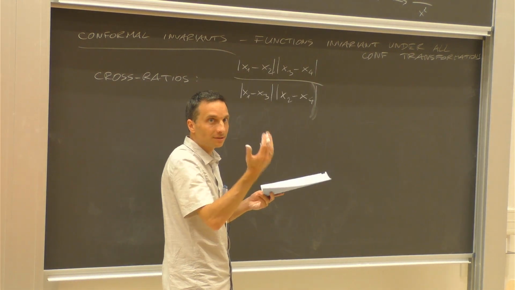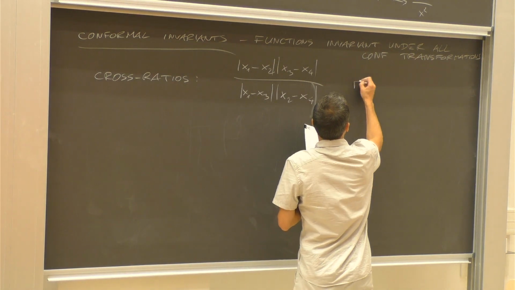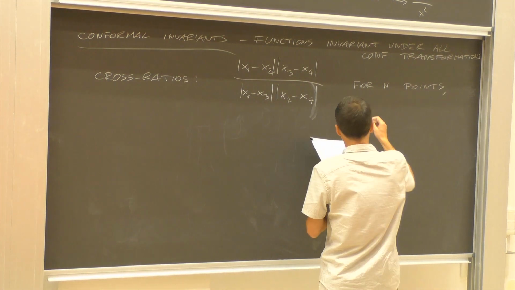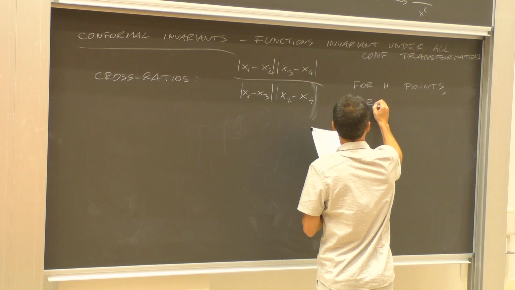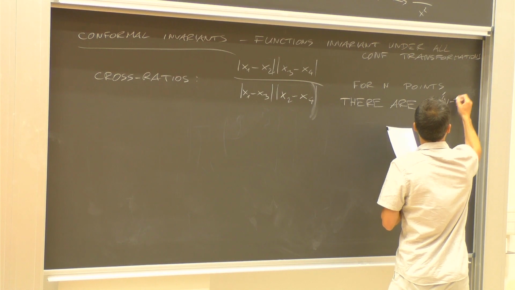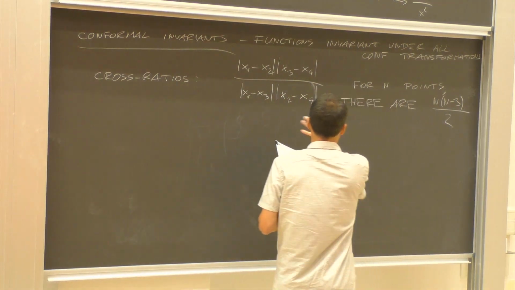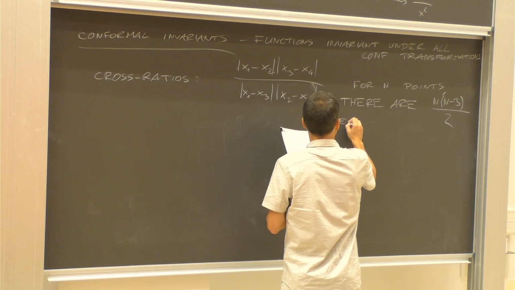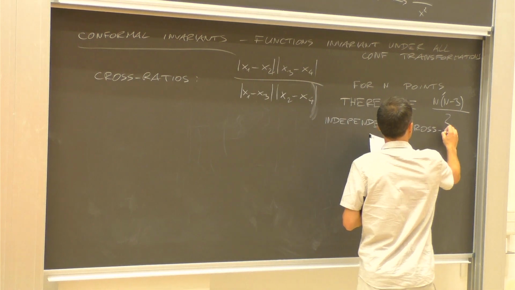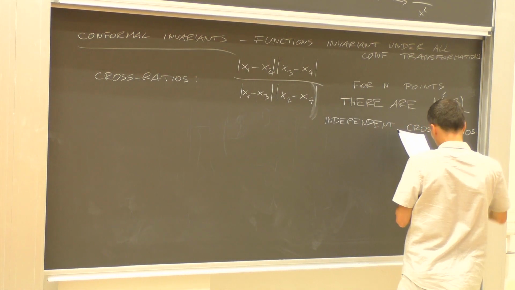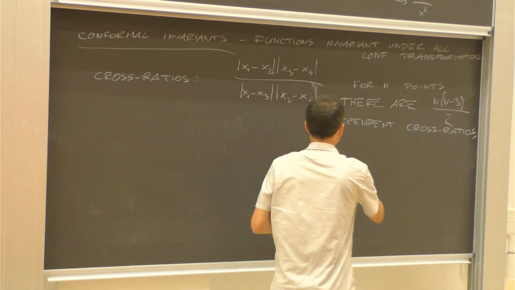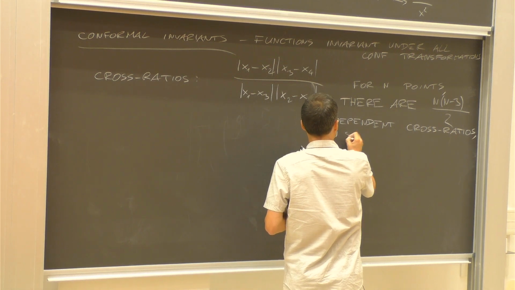And one can also check, this is also a nice exercise, that for n points, there are n(n-3)/2 independent cross ratios. It's important to add that indeed there is such a number, but in sufficiently high dimension.